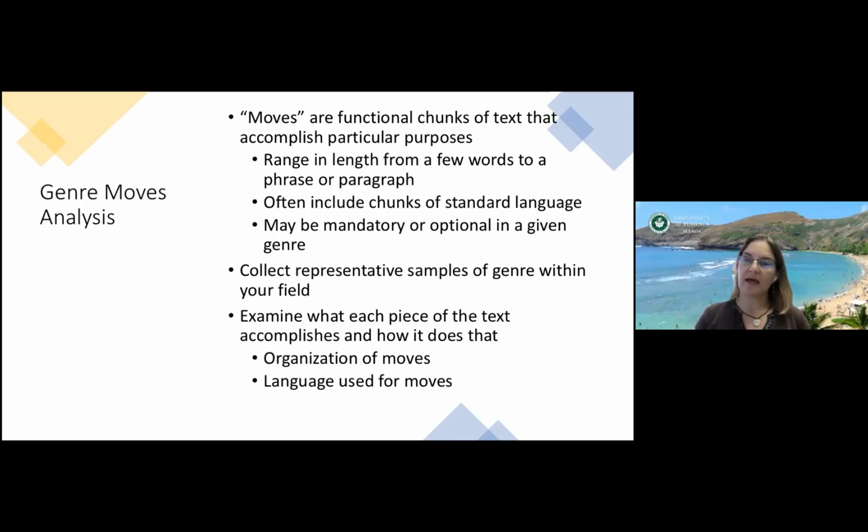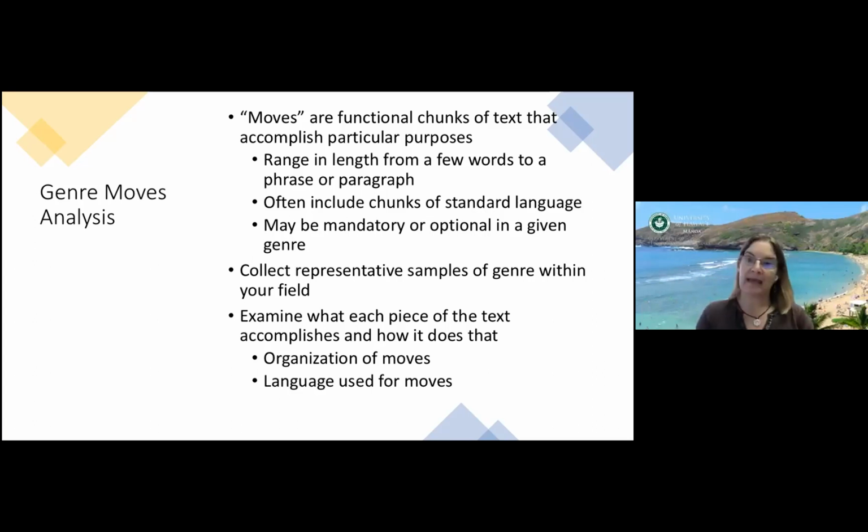There's also a lot of times where it's a chunk of formulaic or very standardized language, which means that sometimes it's not plagiarism to copy a 5 or 10 word chunk of text, because that same chunk appears in thousands of journal articles or abstracts or something like that. So formulaic language is a big part of making these moves.